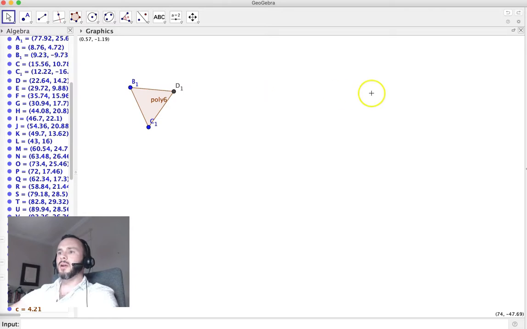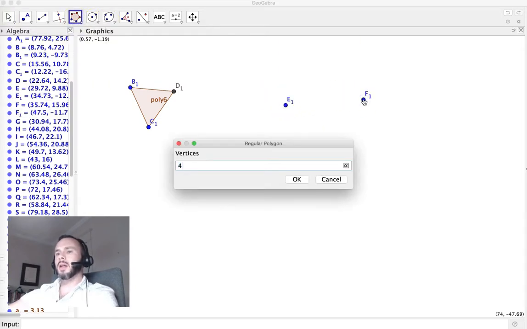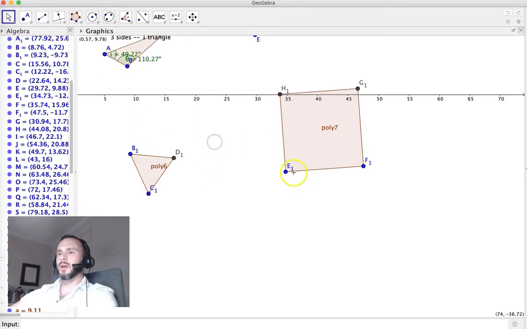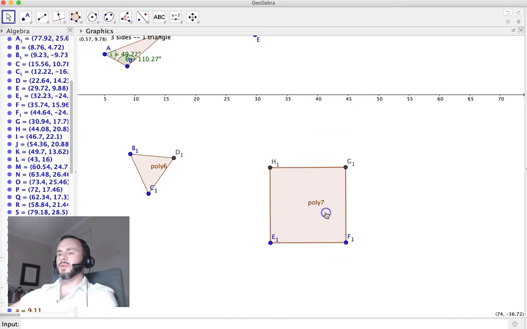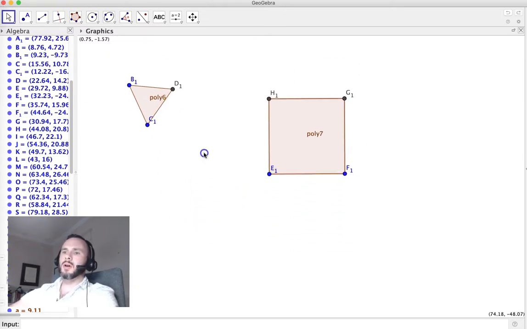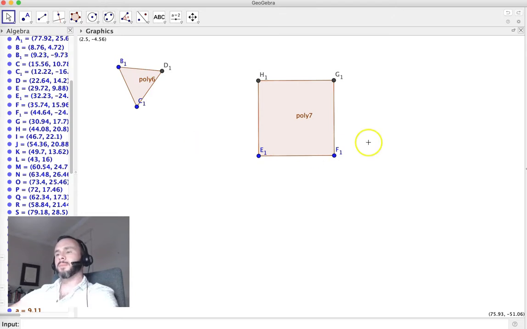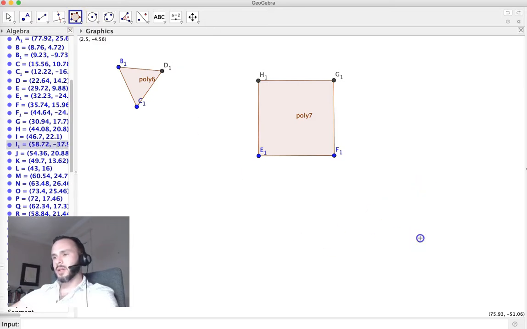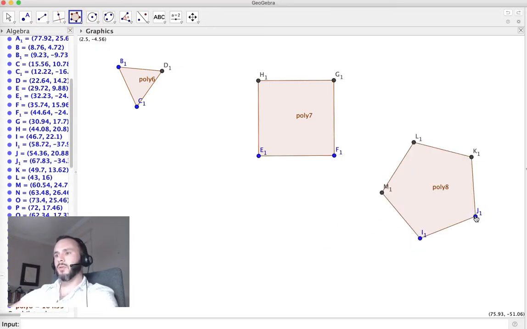What if I go here now, let me do another regular polygon, and give it 4 sides? Well, of course, that gives me a square, right? I'm just going to move this whole thing down. So that's going to give me a square. I know that each of those is 90 degrees. What if I did a regular pentagon?